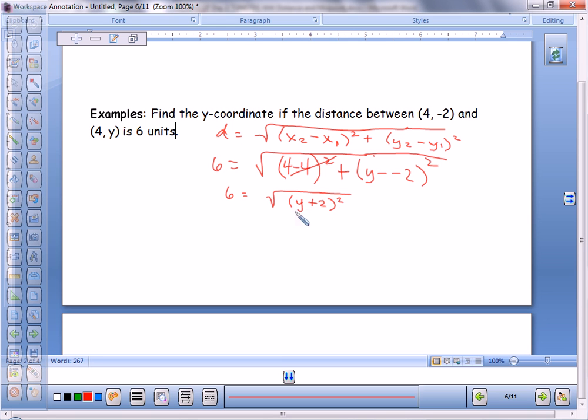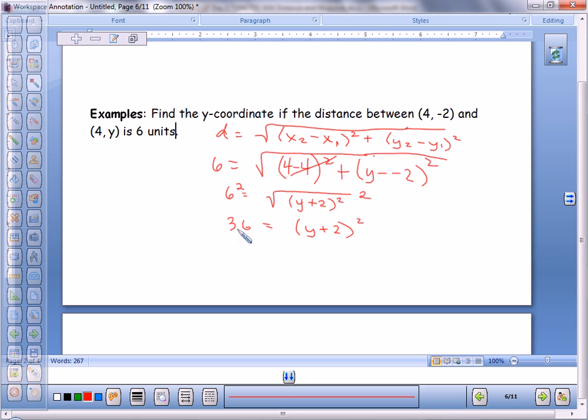But to solve for y, we can square both sides. And we get 36 equals (y plus 2) squared. And then take the square root of both sides to make this go away.